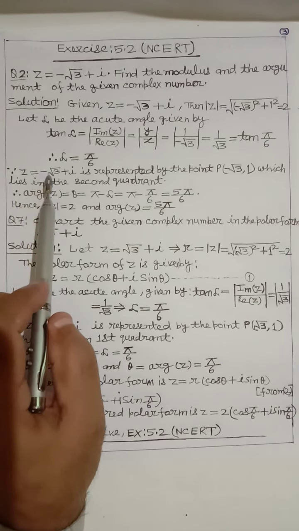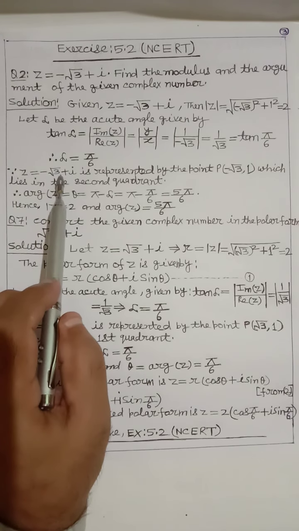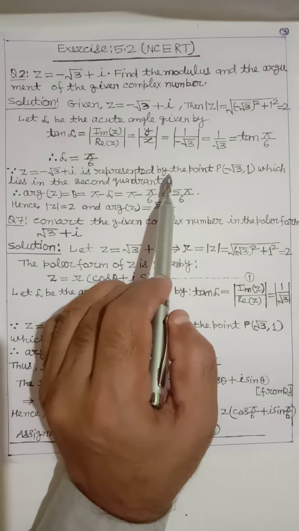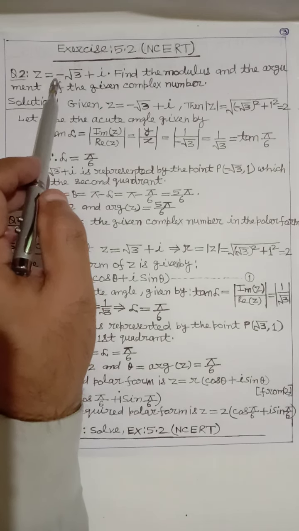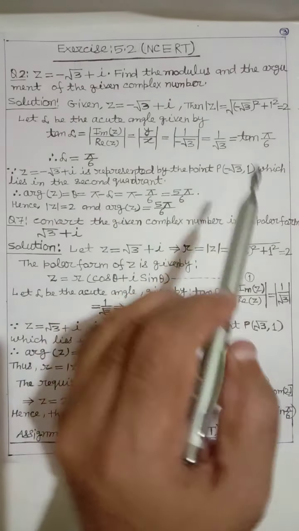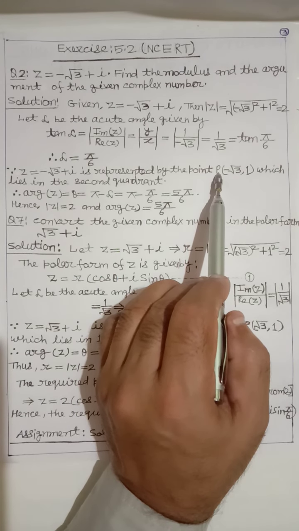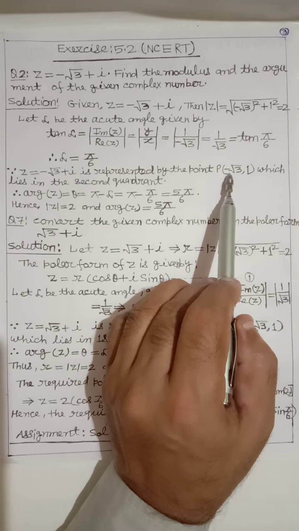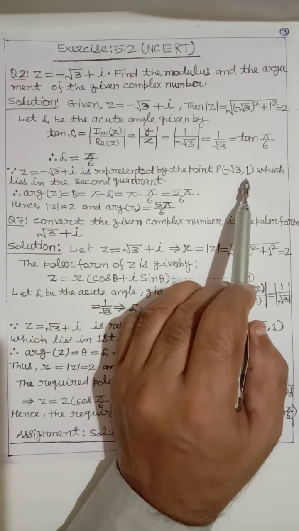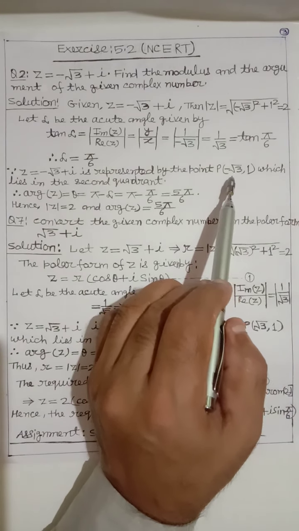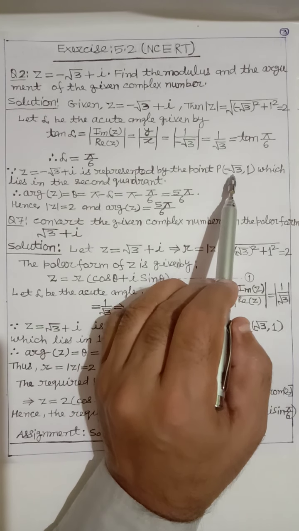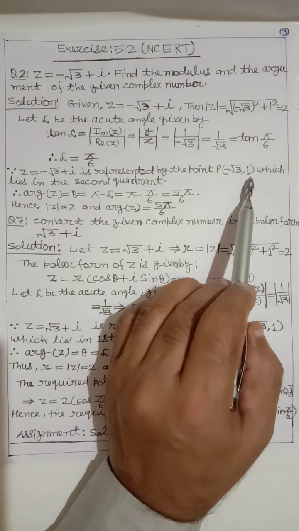Since z is equal to minus root 3 plus i is represented by the point P(x, y), here x is minus root 3 and y is 1, so it is represented by a point P having coordinates (minus root 3, 1), which lies in the second quadrant. We already know in the second quadrant x is negative and y is positive.